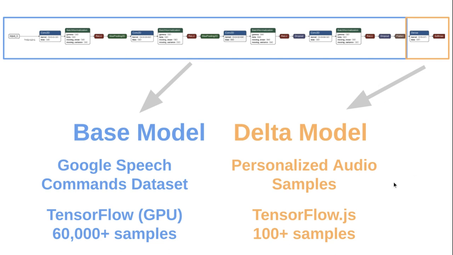Compared with that, the delta model requires far fewer samples. You can just provide up to 100 personalized audio samples, 1 second each, and you can do the training right within the browser using TensorFlow.js.